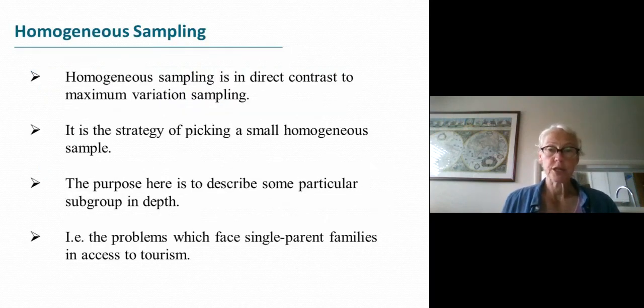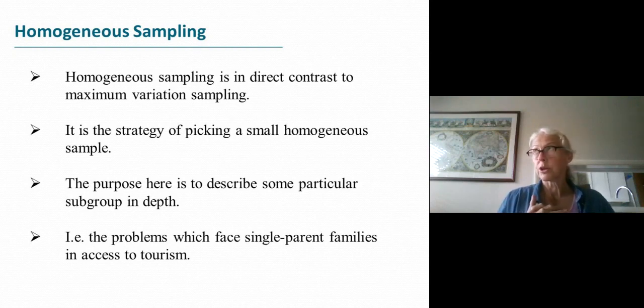And then we have homogeneous sampling, which is kind of the opposite of what I've talked about. And this is actually where you pick a small homogeneous sample where they have got a lot of very similar characteristics. And here we might want to look at a particular subgroup in depth. I've got examples there, problems of single parent families in access to tourism.